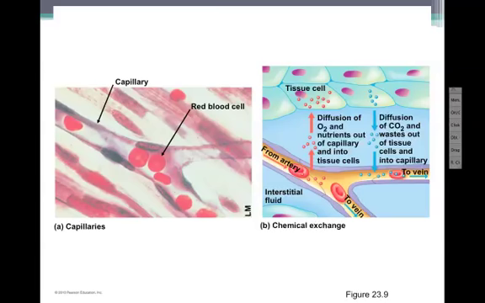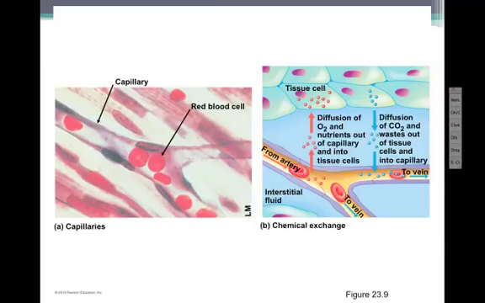Now the picture on the right is a drawing of the same thing, and what they're showing you is the red blood cell inside the capillary, and then the interstitial fluid, which is the fluid that bathes the cells, and then the cells of the tissues. The way oxygen and nutrients move is from higher concentration to lower concentration. If you remember back to chapter 5, diffusion was the process from higher to lower.